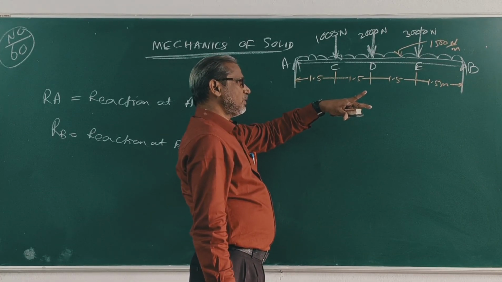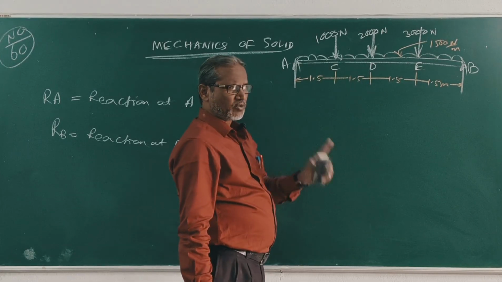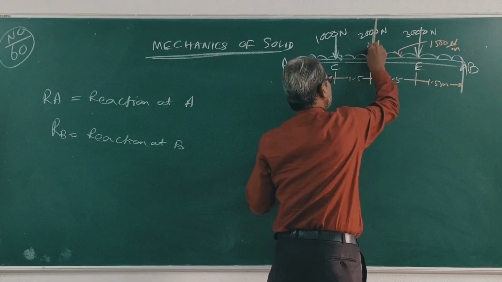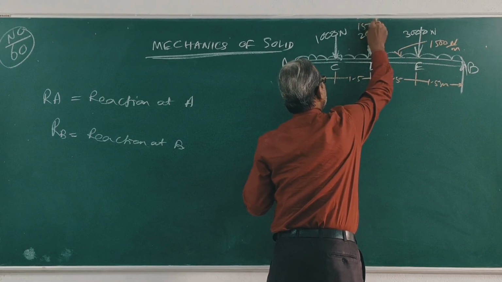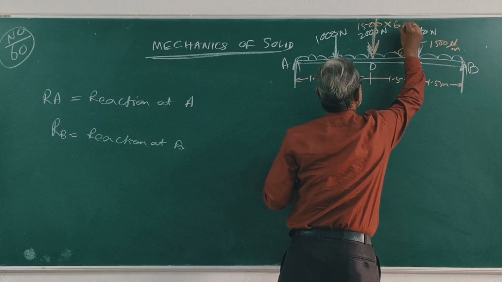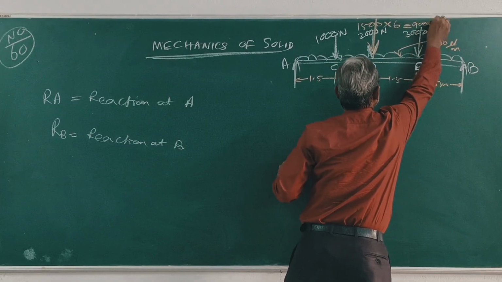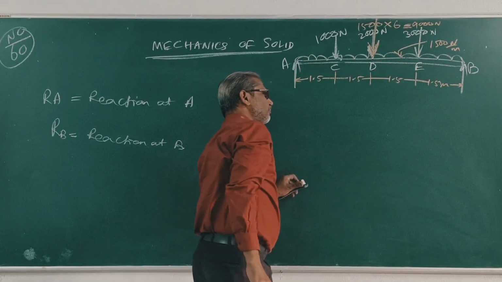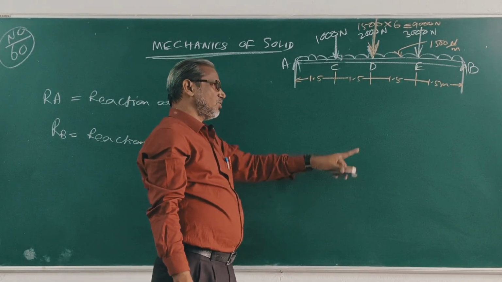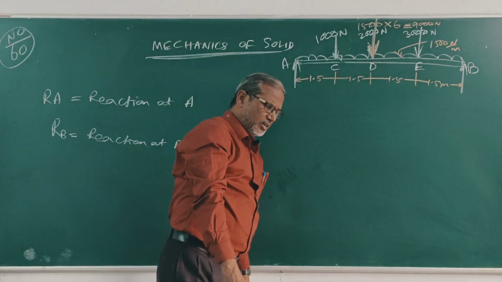So the total load is 1500 into 6, which is 9000 Newton, acting at 6 by 2, that is 3 meter, at point D, because D is the middle of AB, 3 meter and 3 meter. So the total UDL load is acting at point D. Clear?